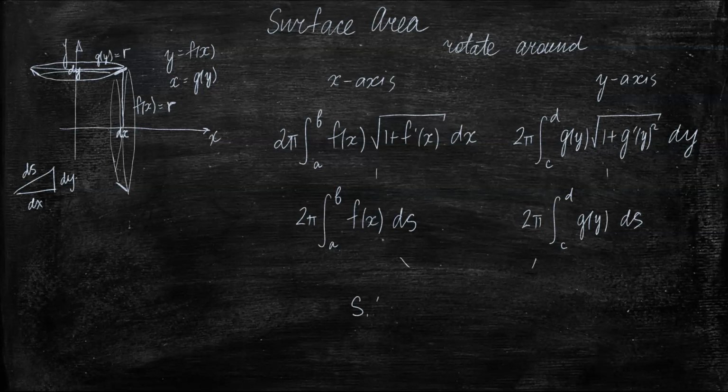So the surface area can be remembered as 2 pi times the integral of r, the radius of rotation, ds. And of course, the domain of integration will vary depending on the setup, so we're just going to put D over there. And in this formula, we understand that ds is this.